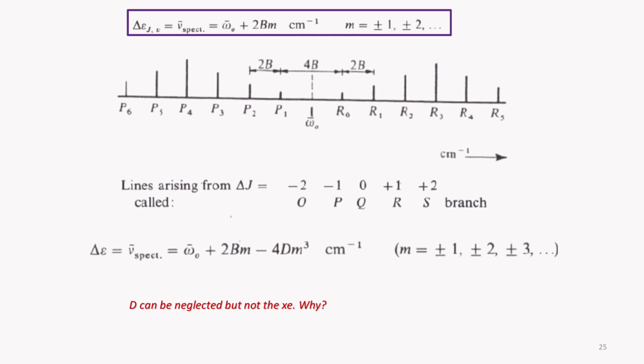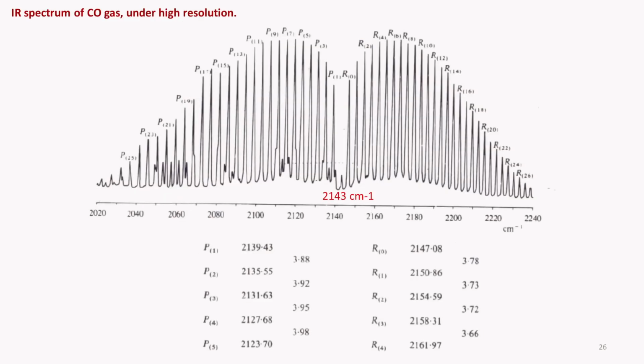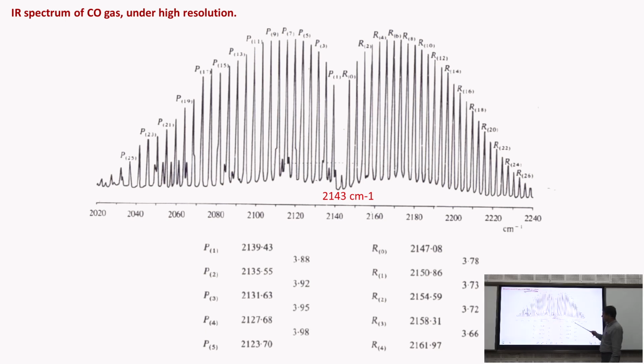But again, if you do analysis of the same molecule under high resolution spectroscopy and then see the data, see the data P1, P2, P3, P4. This is taken from another book. So the difference between P1 and P2 is 2b, 3.88.